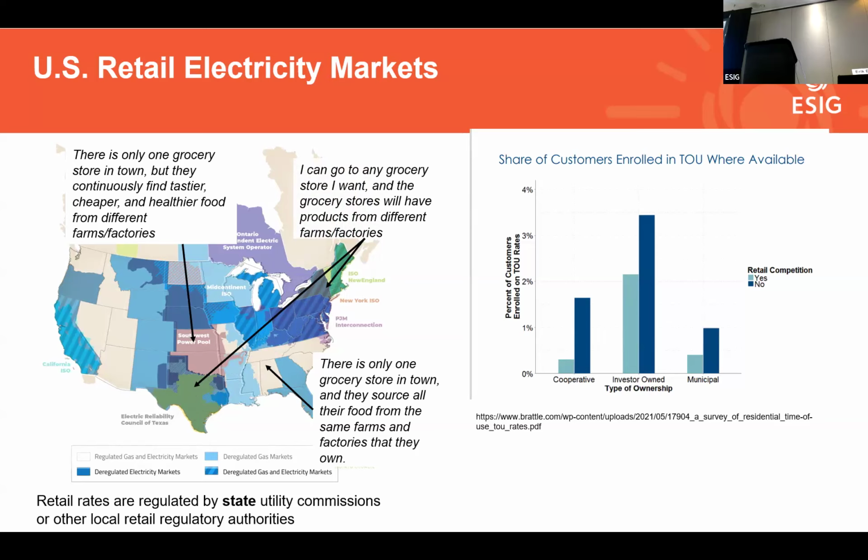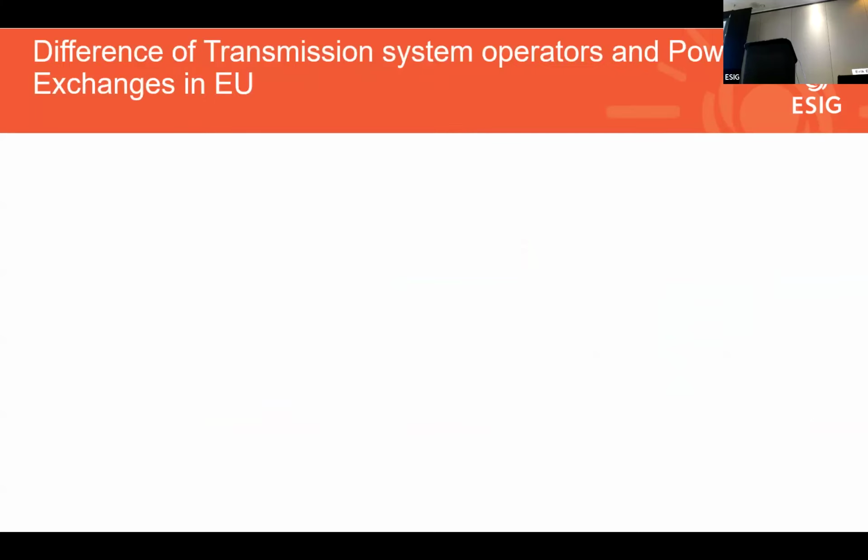So this is another layer to show that there's restructuring on the wholesale side and restructuring on the retail side that aren't one and the same. They don't coincide with each other. So that's just another way of seeing it.